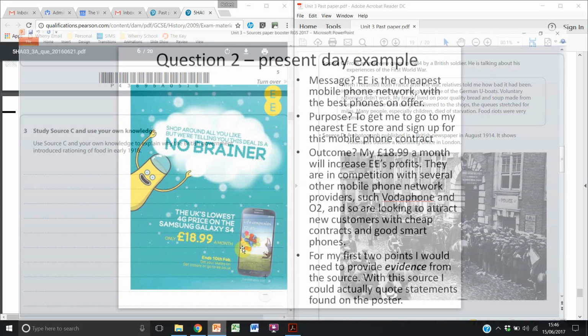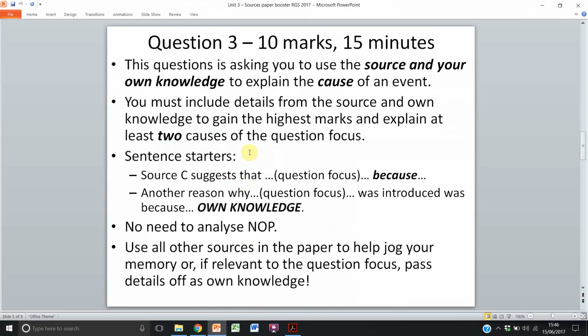Now this question is worth 10 marks, so I would recommend you spend about 15 minutes writing your answer. It's asking you to use a historical source and your own knowledge to explain the cause of an event. You absolutely must include details from the source and your own knowledge to gain the highest marks.